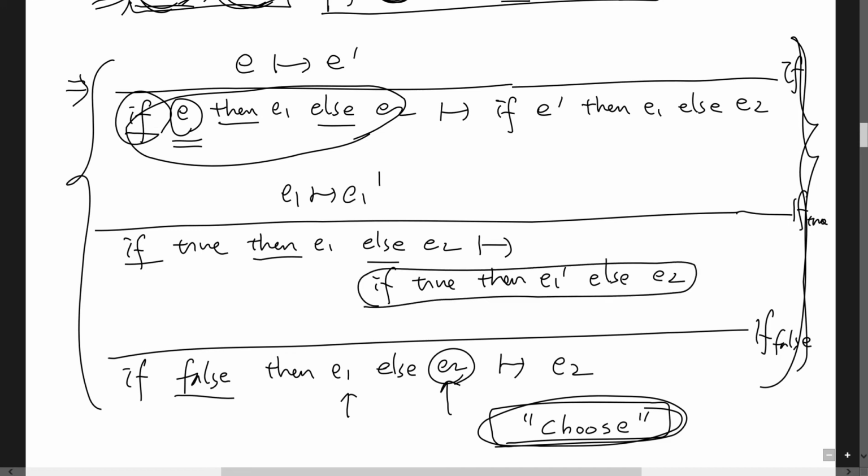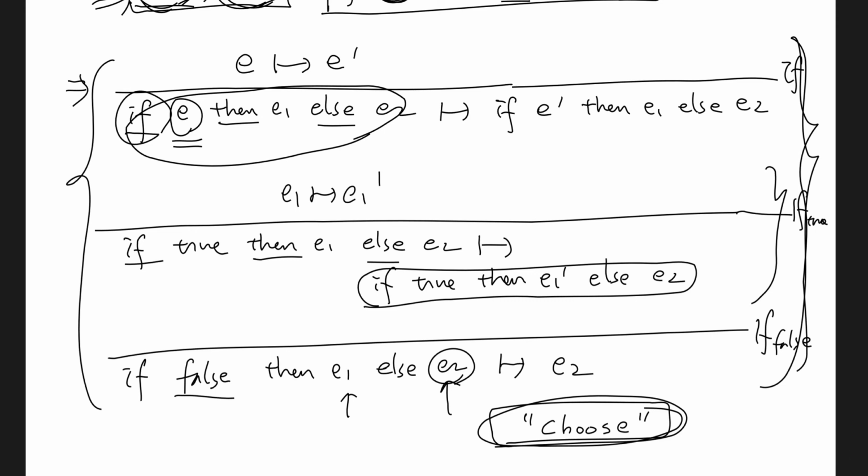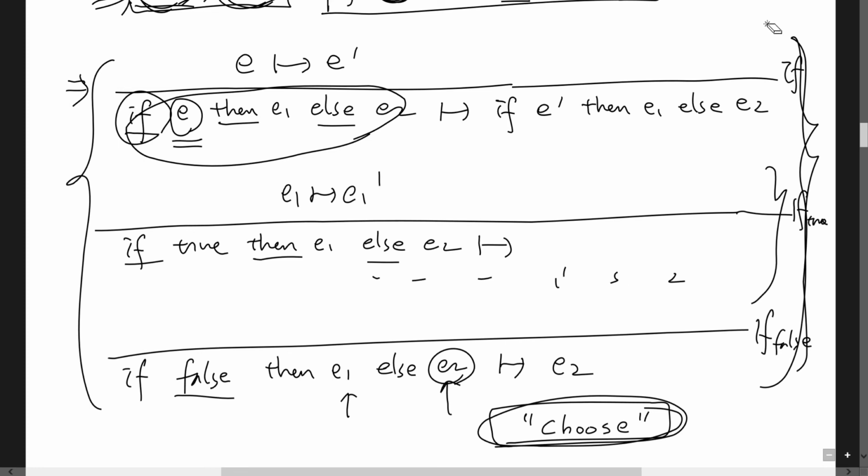But this reduction rule is fine, although it does not really comply with the intuition of reducing this expression. So we will not use this funny reduction rule. We will just use the simplest form, which is to return expression E1. So these are the reduction rules.